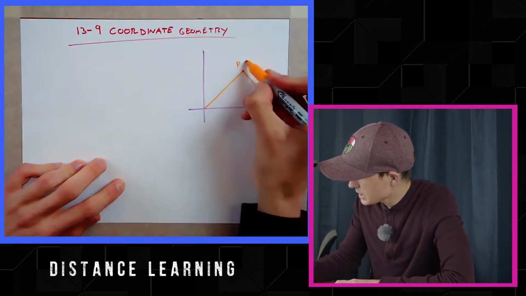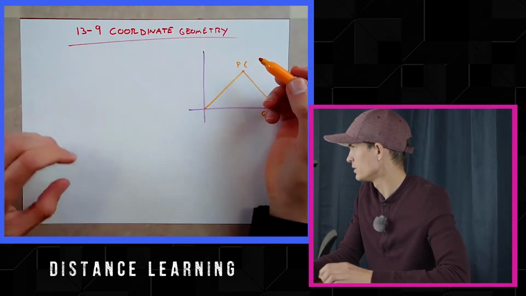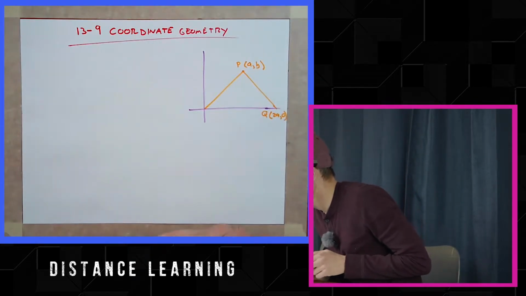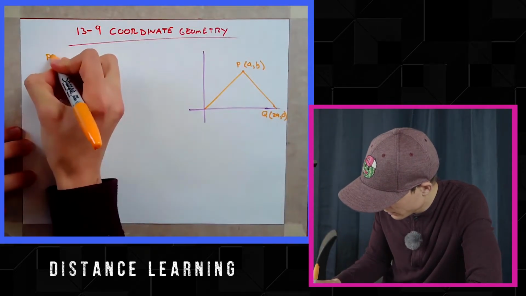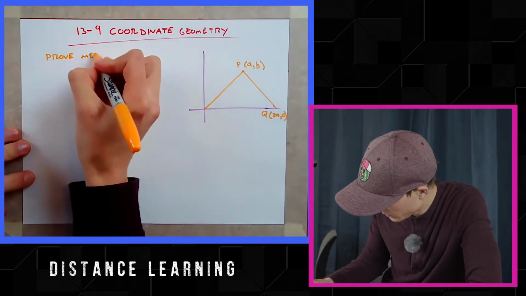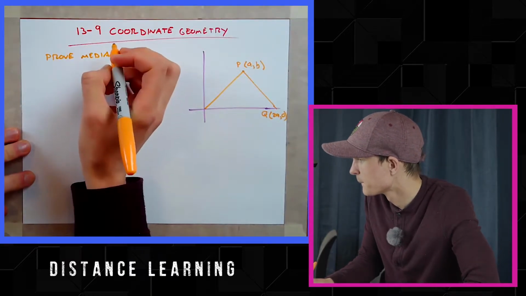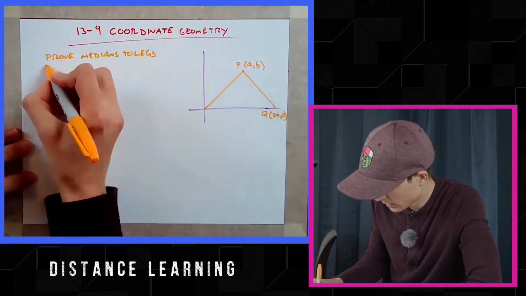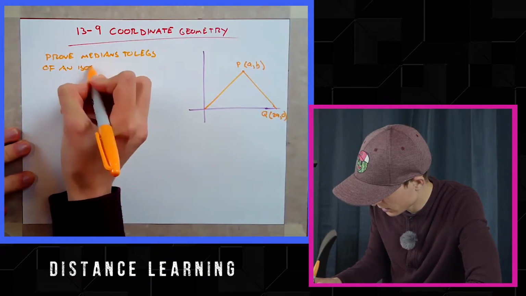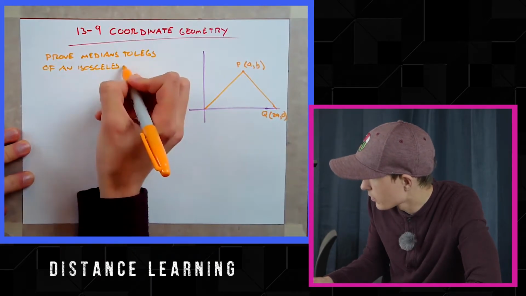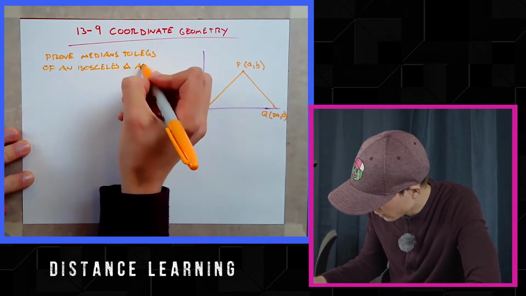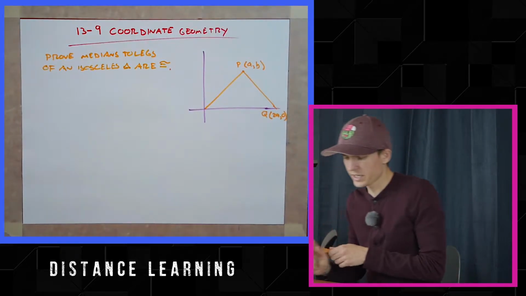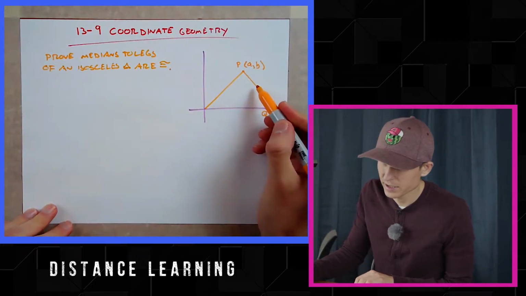And this is point P, which is point A, comma B, and they say prove medians to legs of an isosceles triangle are congruent. All right, so a median goes from a vertex to the opposite side's midpoint.